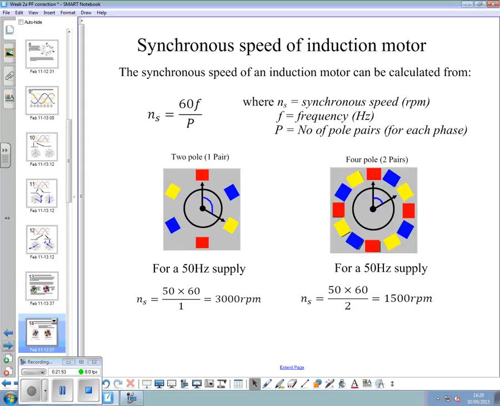So, the synchronous speed of an induction motor can be calculated from N synchronous, little n synchronous, is 60 times the frequency over P. Alright, the 60 comes from the fact that we want the speed in RPM. F is the frequency in Hertz, that's cycles per second, and P is the number of pole pairs we have for each phase.